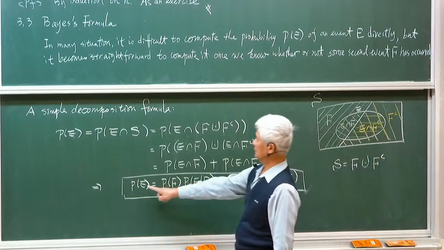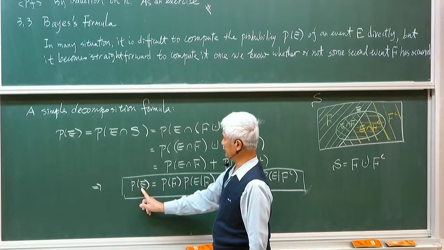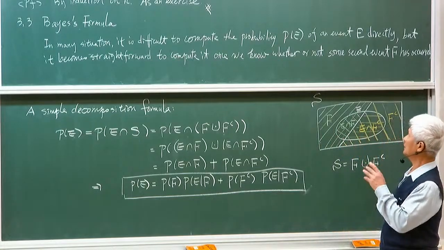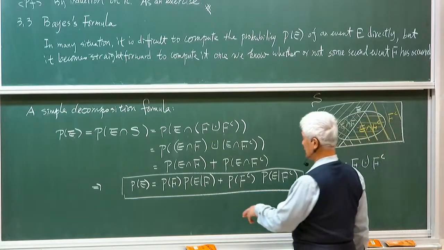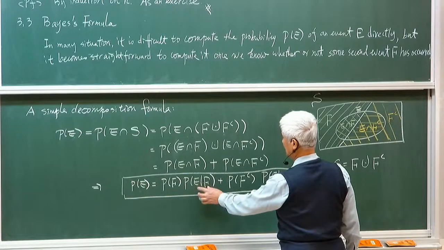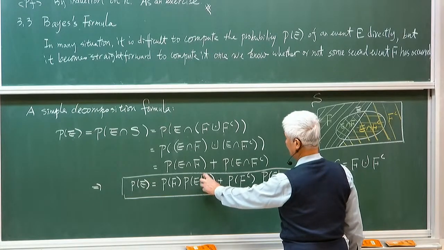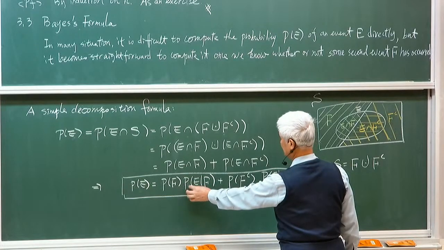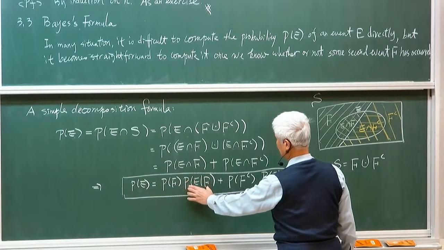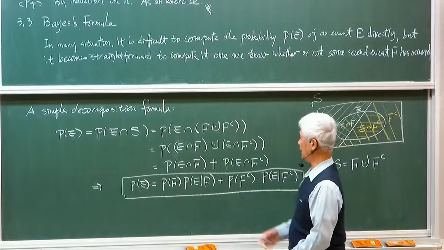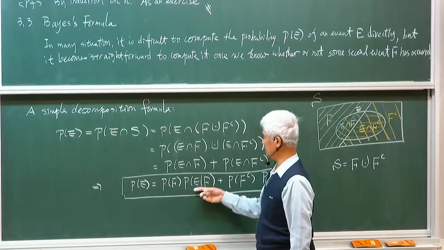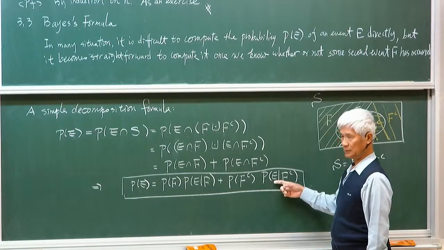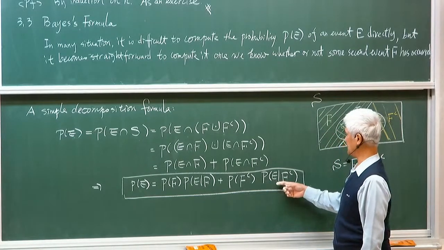To compute the probability of event E, if you know that an additional event F has occurred, then you compute the conditional probability of E given F. In many situations, this is easy to compute. Also, the conditional probability of E given F complement is easy to compute in many situations.